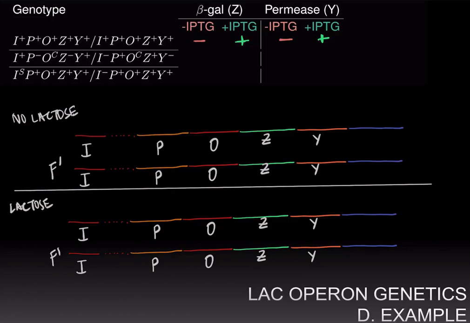Now, there are basically two ways to approach such problems. One way is to reason through the consequences of these genotypes, recalling the properties of these mutants, which one is dominant, which one is recessive, whether they act in cis or whether they act in trans, and so on and so forth.